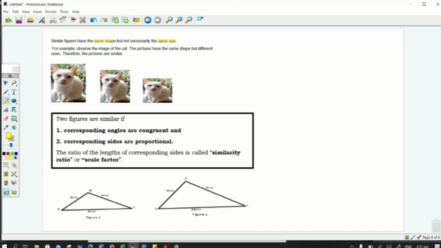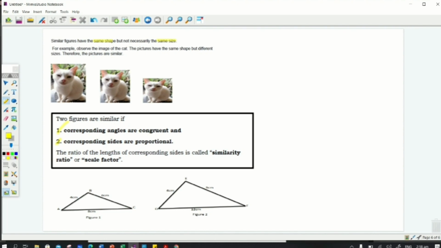Just like in the picture below, that is the image of a cat. The pictures have the same shape but different sizes. Therefore, these pictures are similar. Two figures are similar if, number 1, corresponding angles are congruent, and number 2, corresponding sides are proportional.